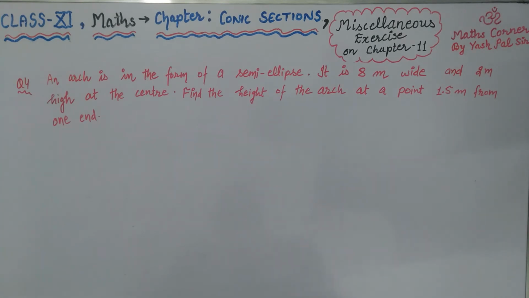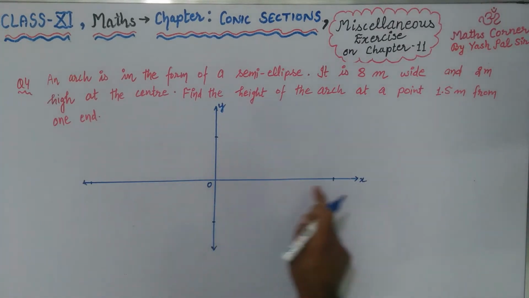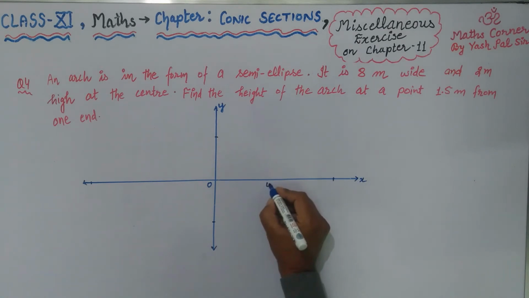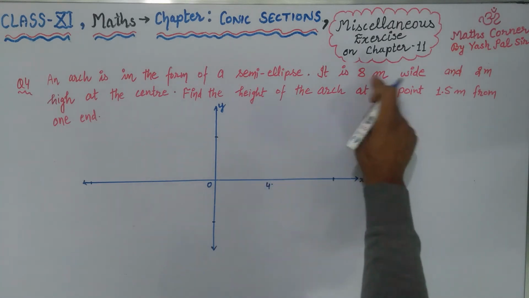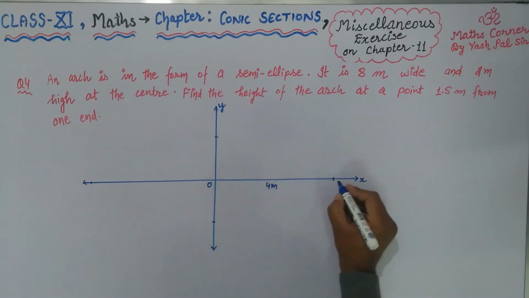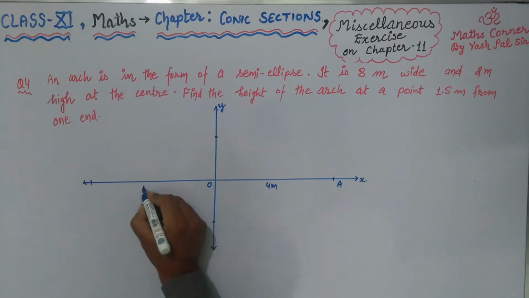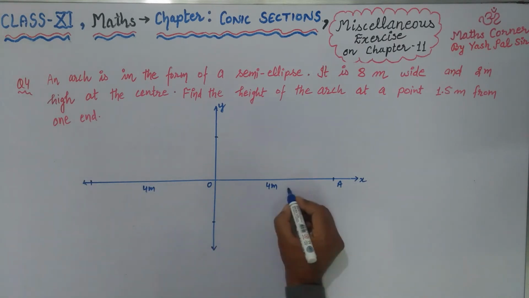So again, let us have the diagram. The geometrical interpretation of the statement is in the coordinate system of axis. Suppose this is the point 4 meter because 8 meter wide. So 4 meter this side up to A point, and up to this point again 4 meter. We have the distance.